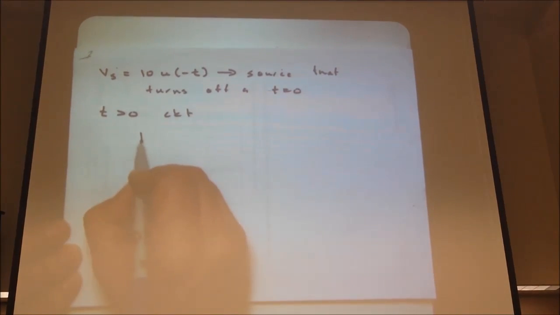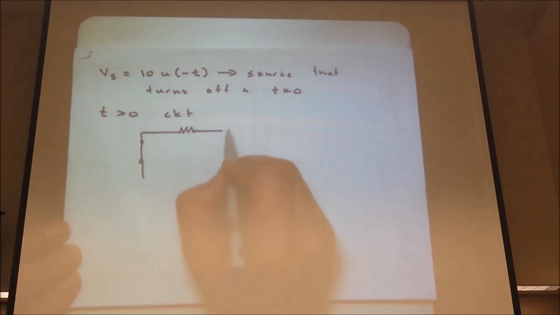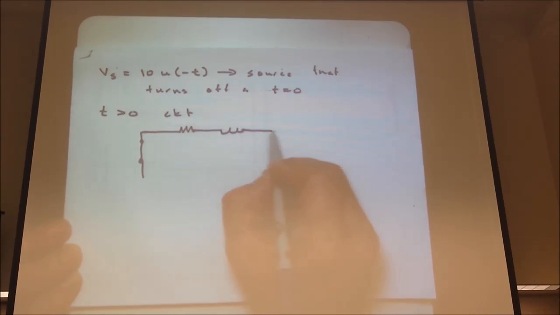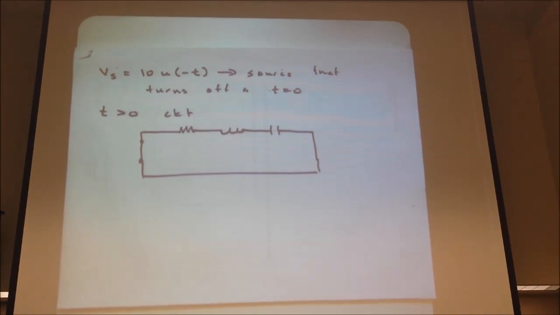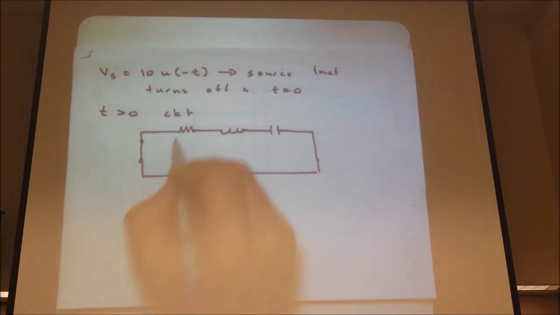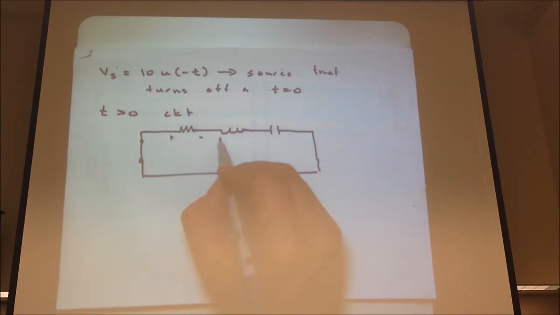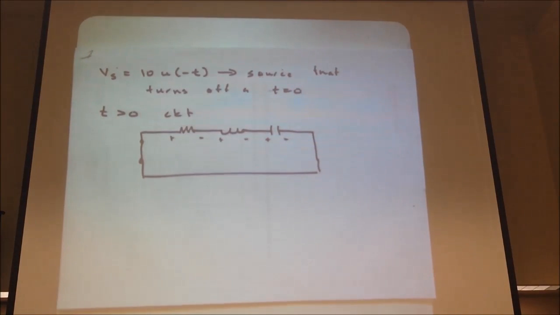Well, in this case, look at this. There's our resistor, there's our inductor, and there's our capacitor. And we could do the same reasoning. And I'm going to draw little polarity things: plus, minus, plus, minus, plus, minus.